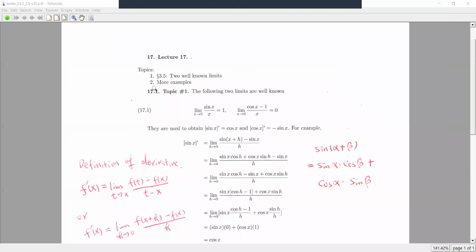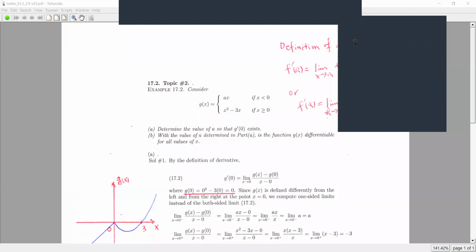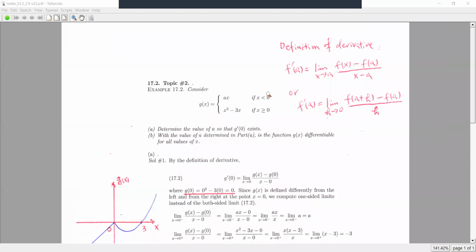Now, topic 2. More examples about derivative formulas. Example 1. Consider this function. This function is defined piece by piece. The a here is some constant, some number.